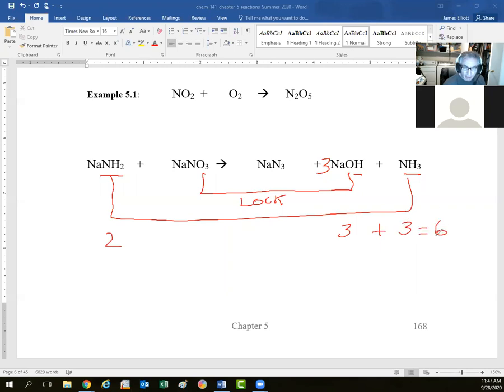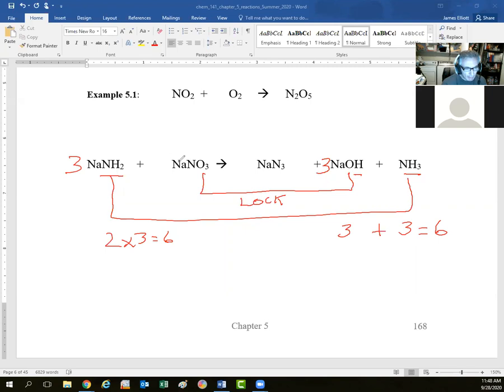So that gives us a grand total of 6. So we want the total hydrogen on both sides to be 6. And so nice and easy, 3 times more. So we'll take 3 molecules of the sodium amide, NaNH2. That balances up the whole equation.